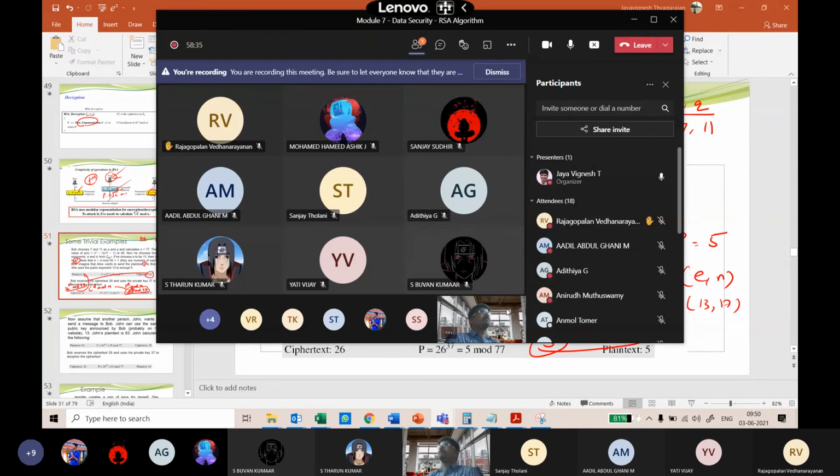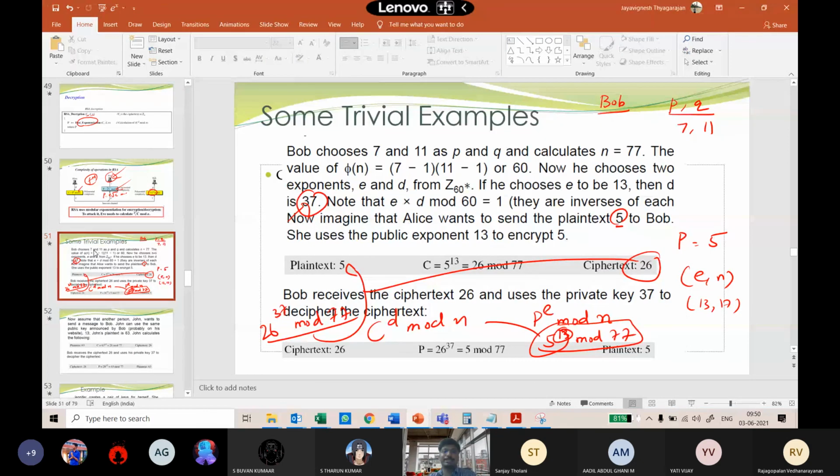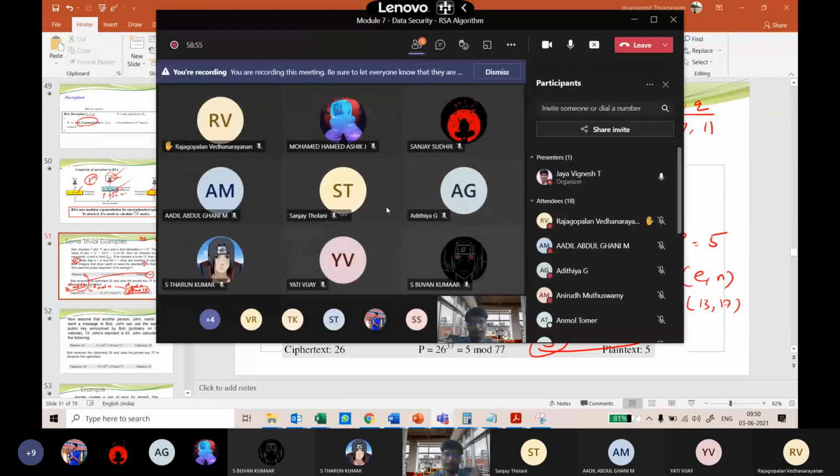Now d is going to belong to that set. You saw that 37 was found. So 13 and 37 belong to the set Z60 star. If you multiply 13 into 37 and do mod 60, it will be 1, because e and d are co-prime to each other. This inverse pair that you find gives you the public and private key pair. That is the beauty of RSA.